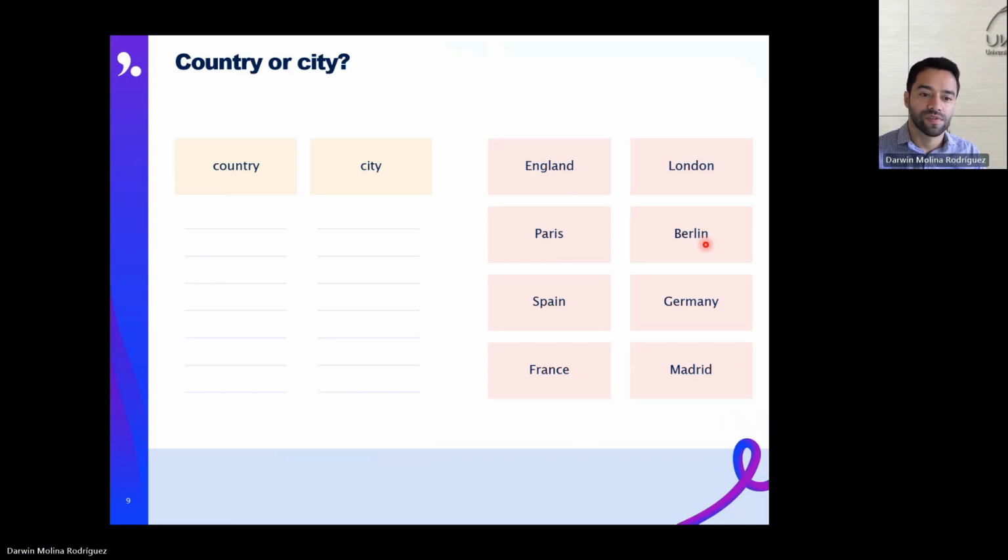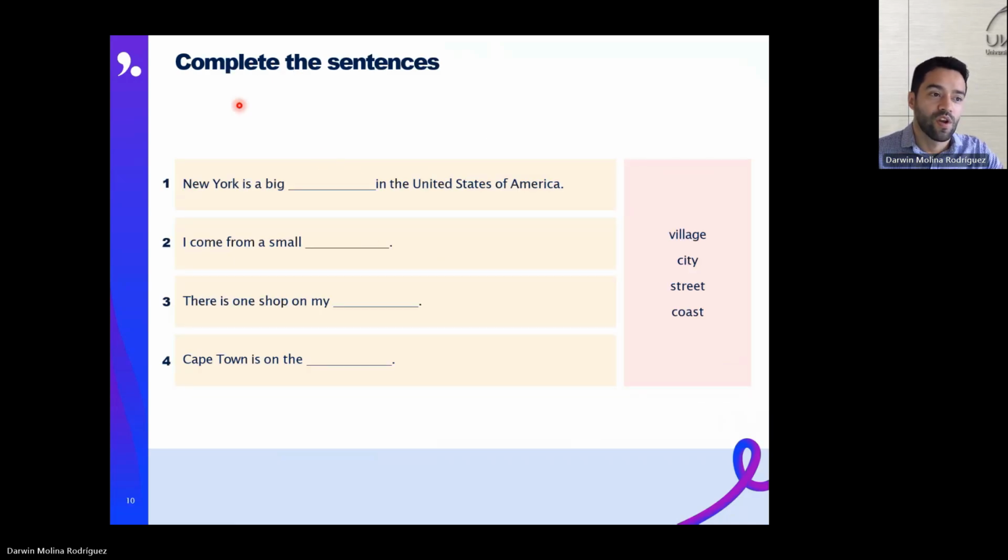Berlin is a city. Spain is a country. Germany is a country. France is a country. Madrid is a city. Right, very good.